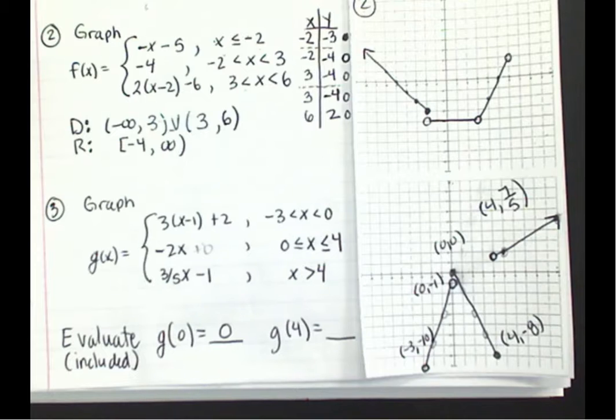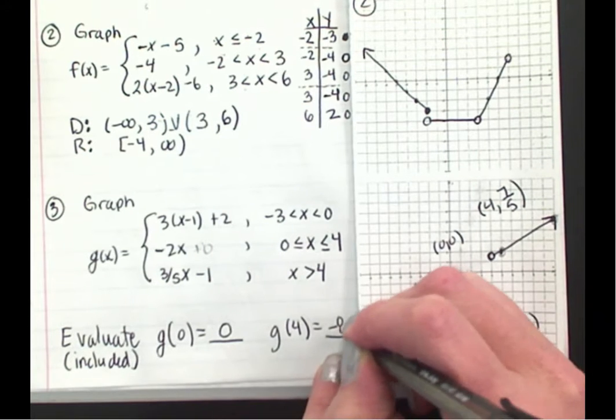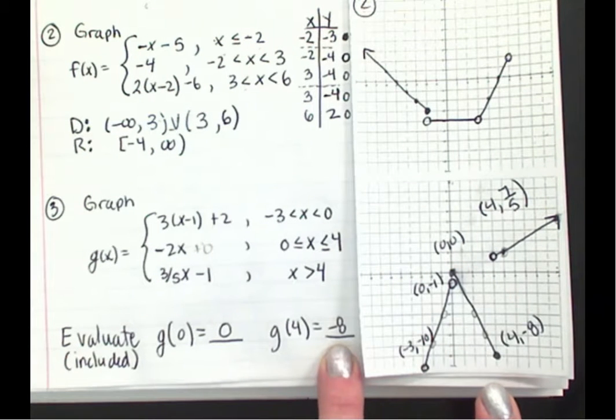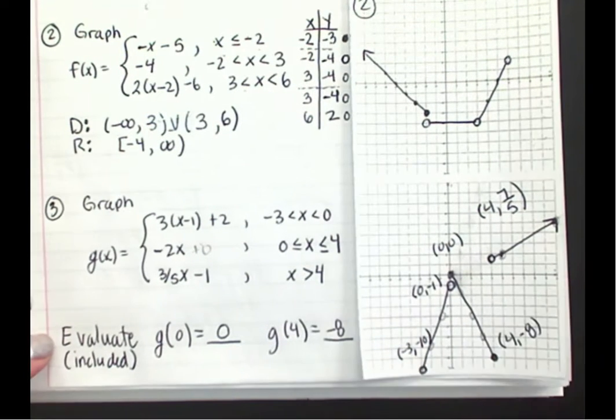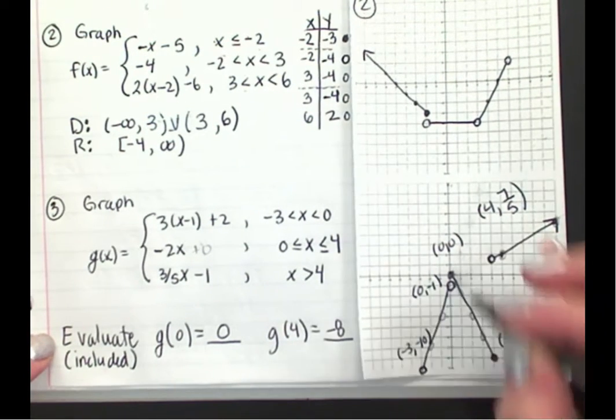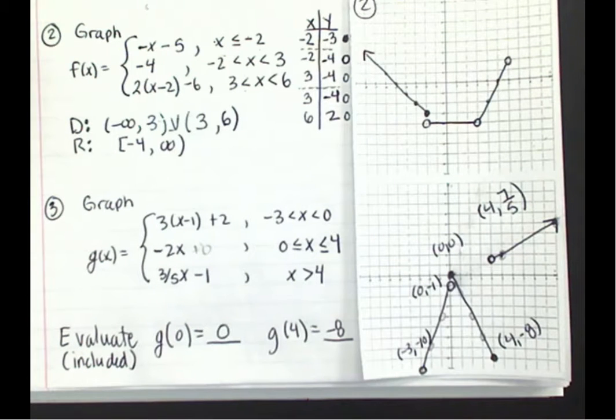I mean filled in dots. Where are they? My filled in dot is down here. Okay? When I ask for evaluating, I am asking for the filled in dots, not where all the endpoints are.